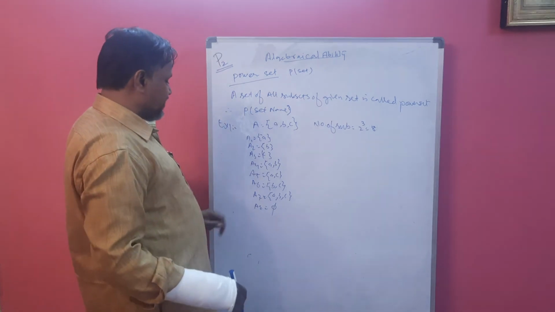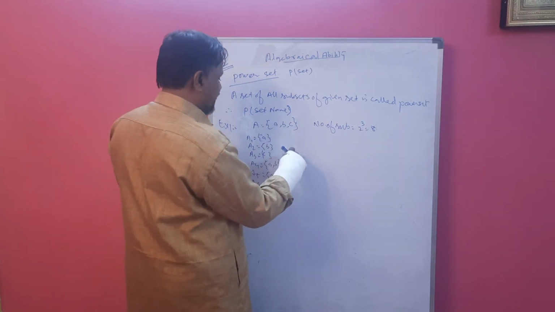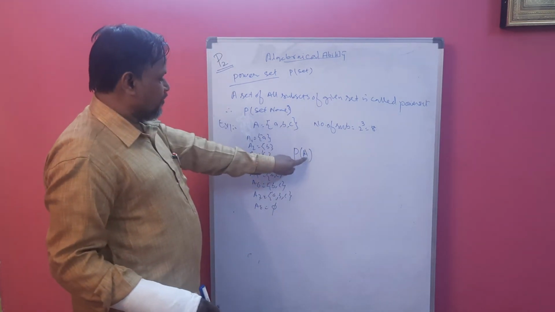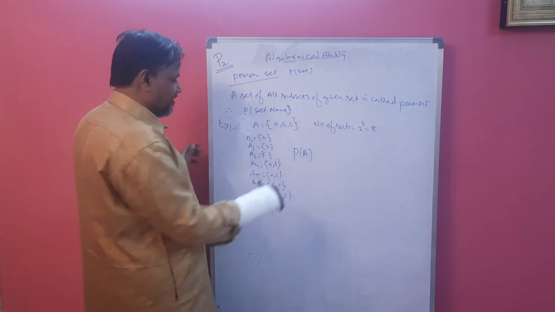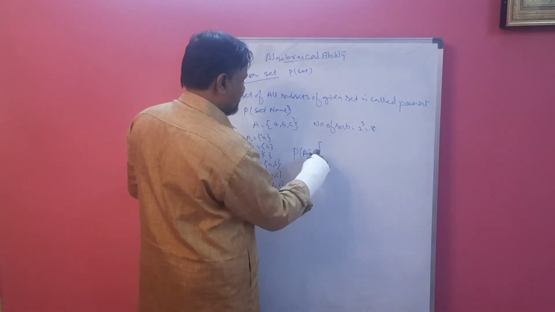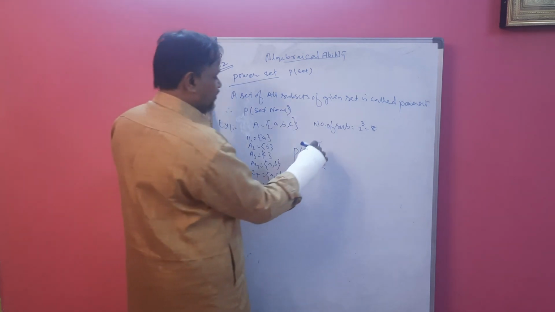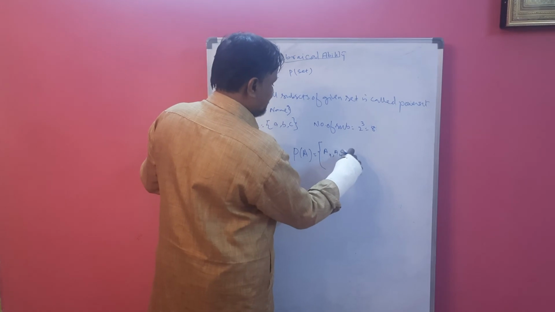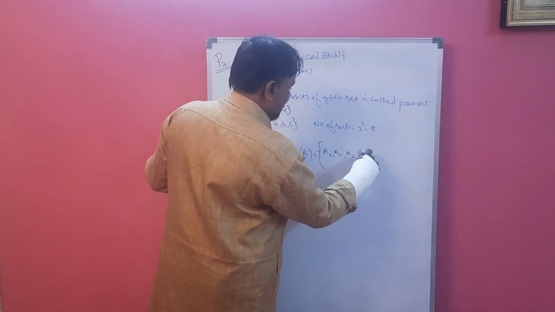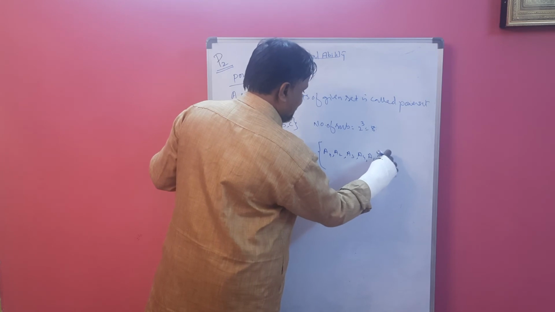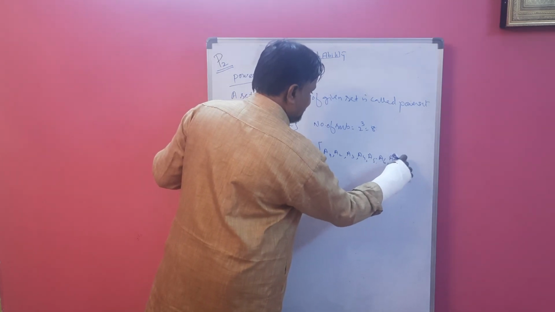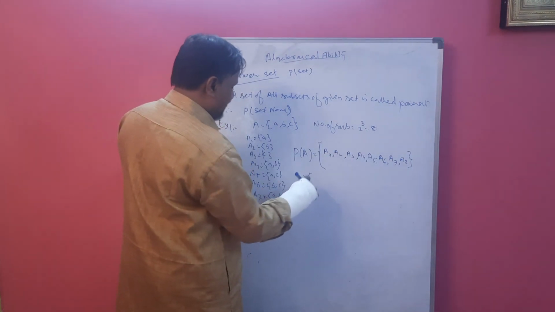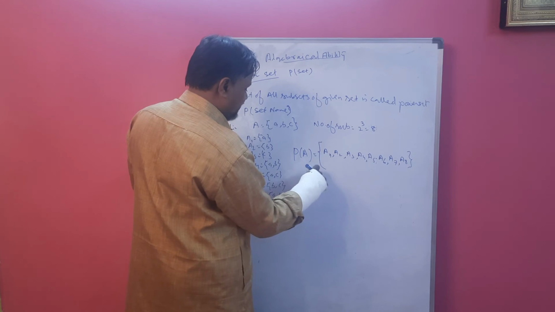If we write all the sets in a set, suppose I am writing power set of A. Power set of A is a set, a biggest set in which these are there: A1, A2, A3, A4, A5, A6, A7, A8. All elements are there.